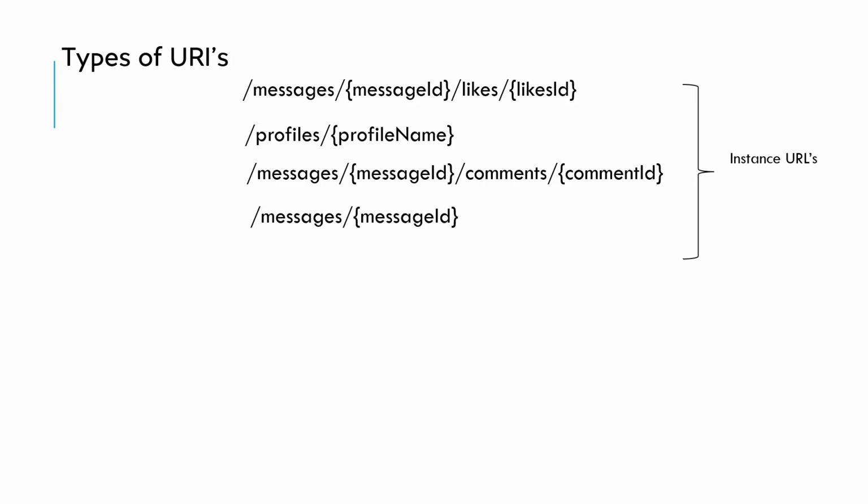But sometimes if you want to see all the messages in your application, so what will you do? You can just typically define it like this, slash messages slash. So this will bring all the messages in your system or your application. But I don't think it's very meaningful because if you have all the messages, maybe in a big application there might be billions or maybe millions.